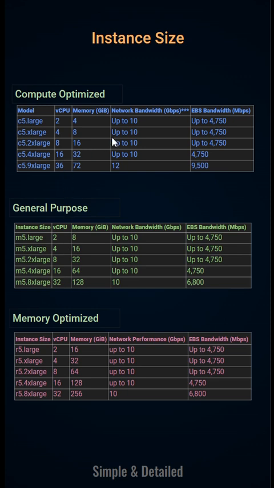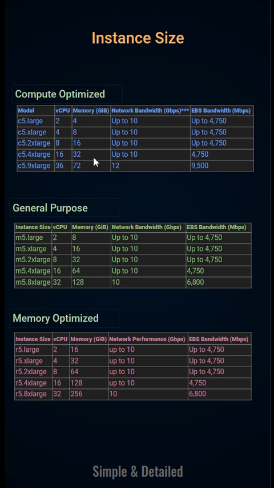Based on the instance type, you have network bandwidth as well. You can take a look, 10 Gbps is more optimal for most workloads. Also you have EBS bandwidth for your IO operations, again in the order of MBps. The key thing to note here is the vCPU and the memory for each instance size.